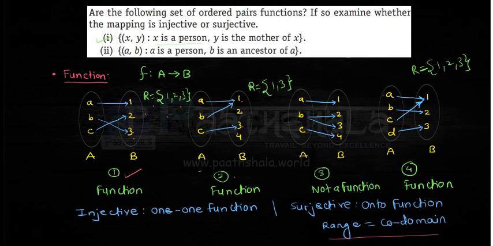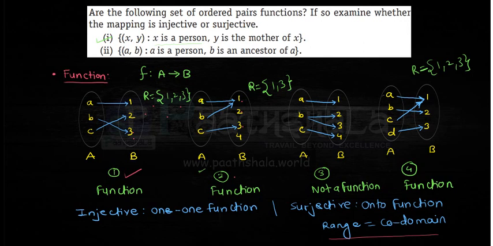Let's say a and b. Now let's talk about this second case. A and b are two persons who can have the same mother. Yes, obviously two persons can have the same mother. So this function is a many to one function, not one to one. So the first case, where x is a person and y is the mother of x, is not a one to one function.